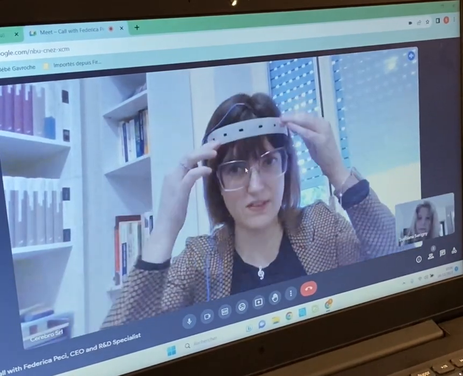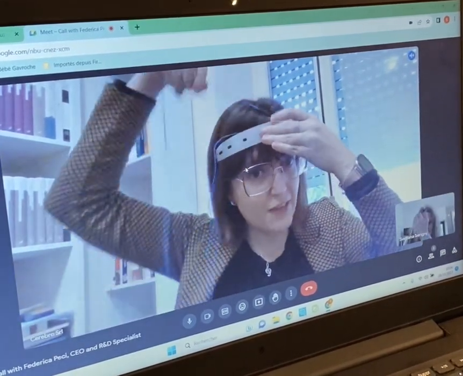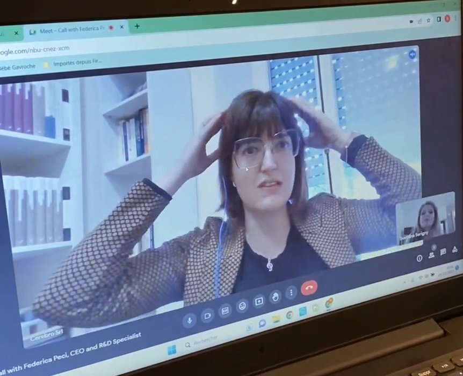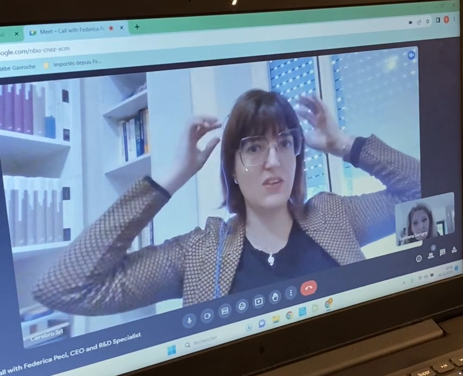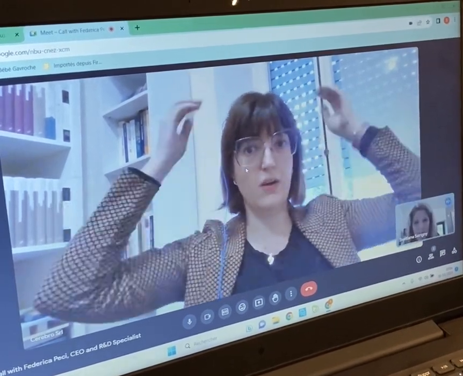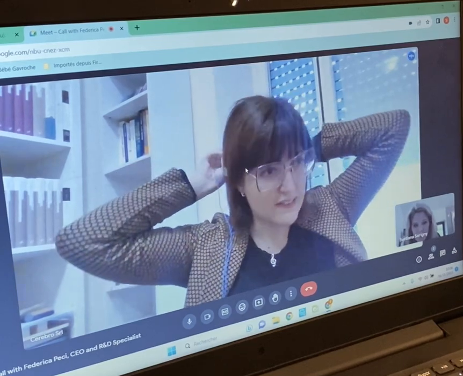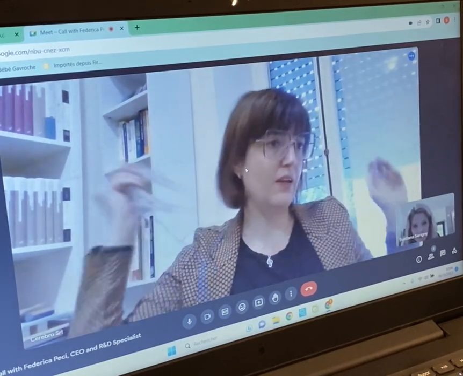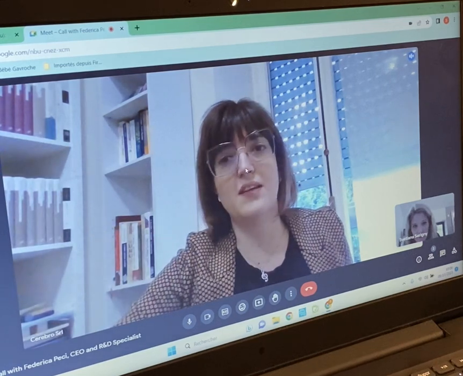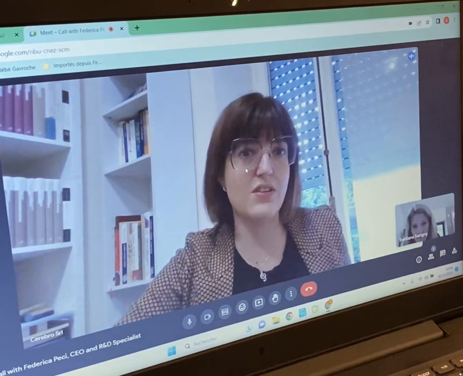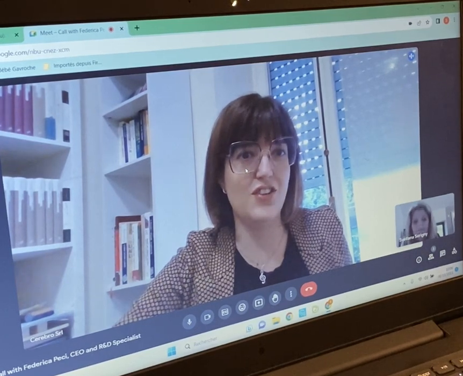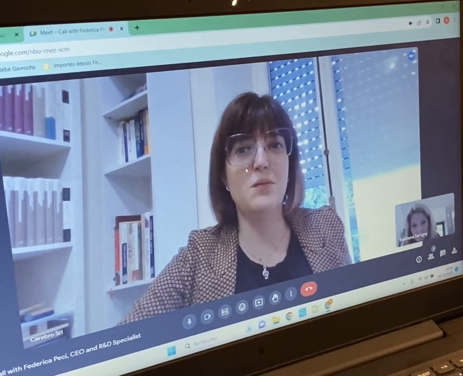So if you want to stimulate frontal areas, frontal cortex, motor cortex, and also the parietal and temporal lobes, or the occipital one. We produce this headband because patients don't always know the 10-20 system of the EEG.